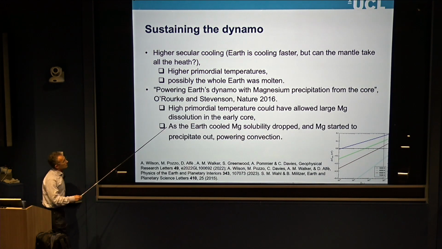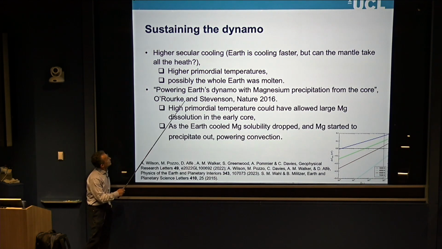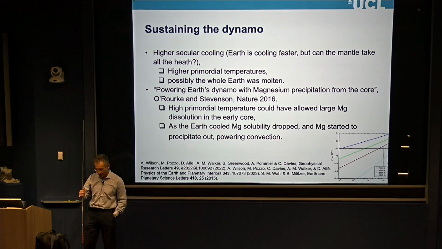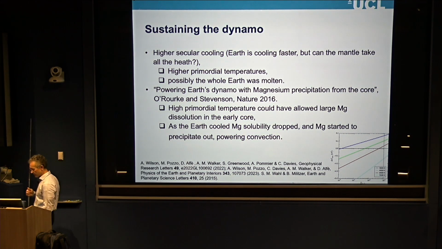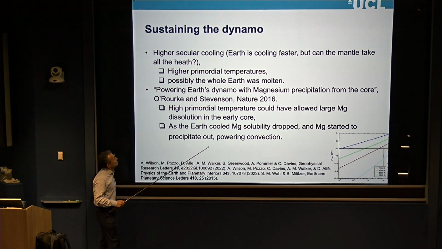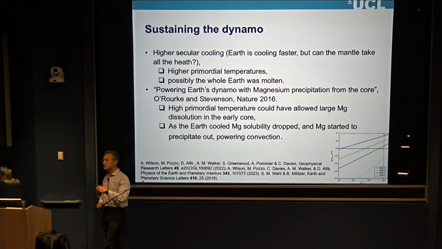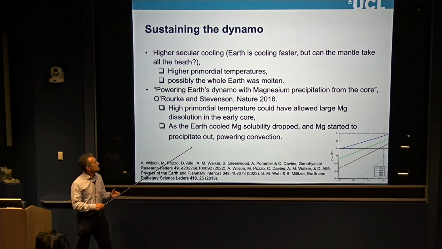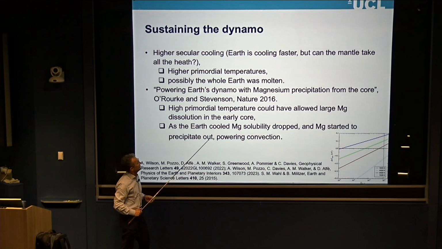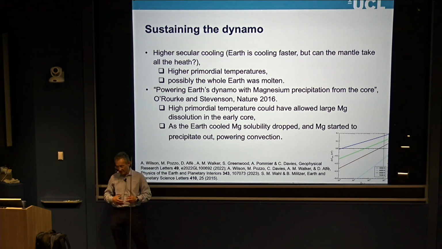Another proposal that was put forward a few years ago, initially by O'Rourke and Stevenson, then also by Kei Hirose with different materials a year later, is the idea that originally when the Earth was very hot, it could dissolve light impurities such as magnesium oxide, for instance, in large quantities.